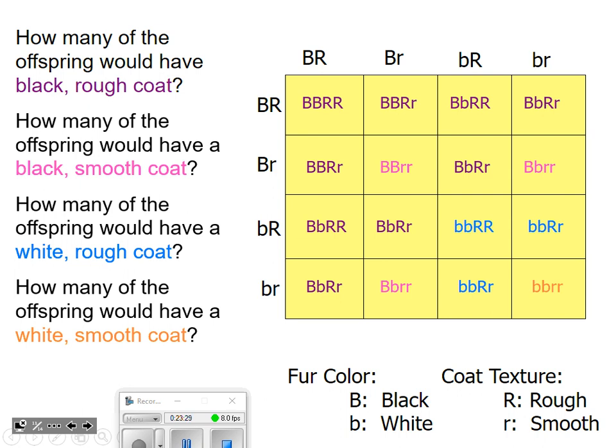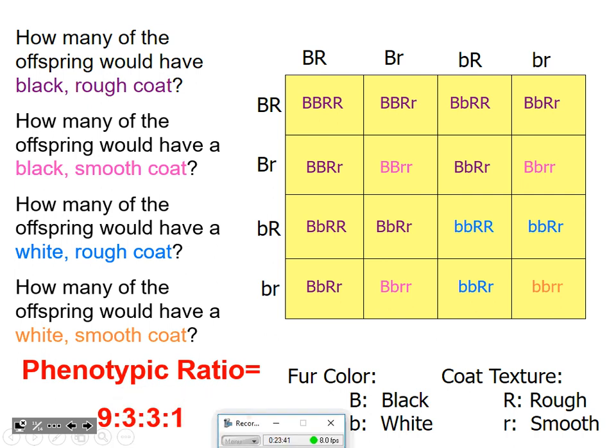So folks, if we were to put together a phenotypic ratio, it would be 9 to 3 to 3 to 1.